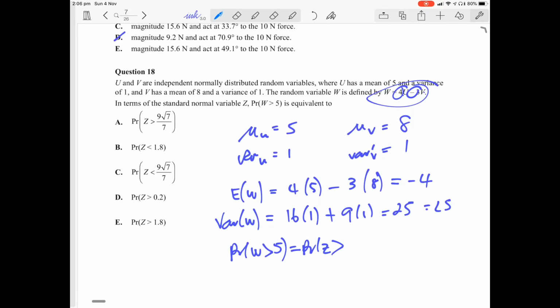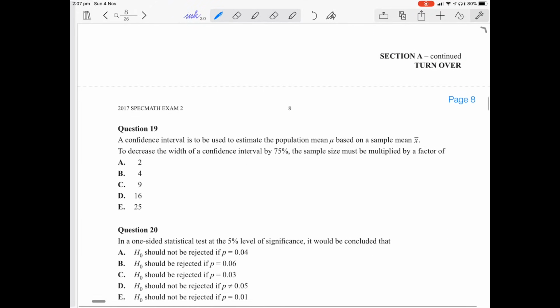So it's x minus mu: 5 minus negative 4, on sigma, which is 5 because I've got to square root that. So Z is greater than 9 on 5, which is that.